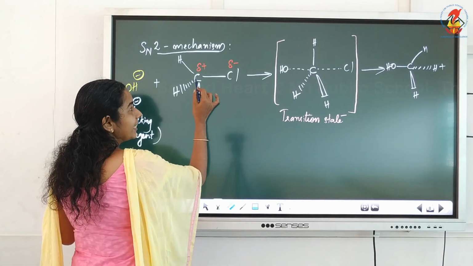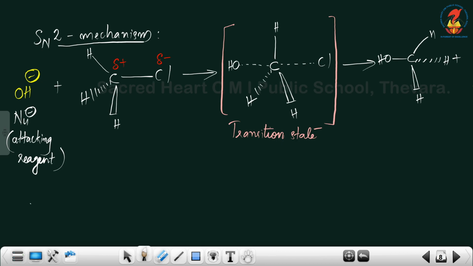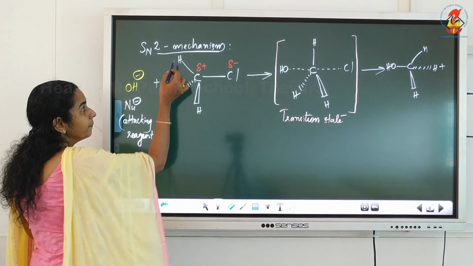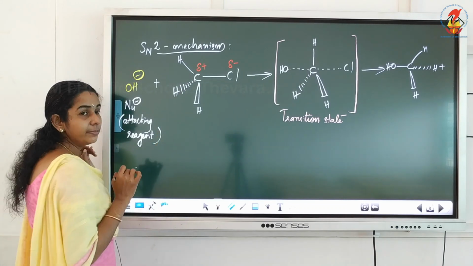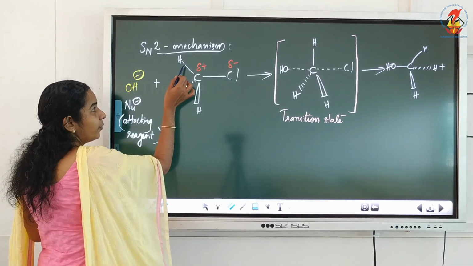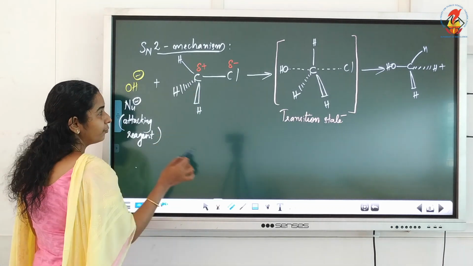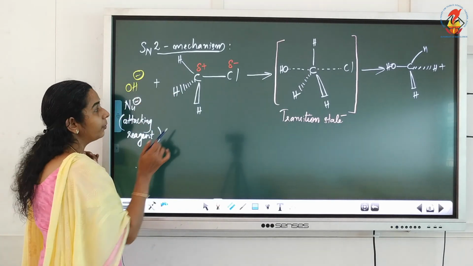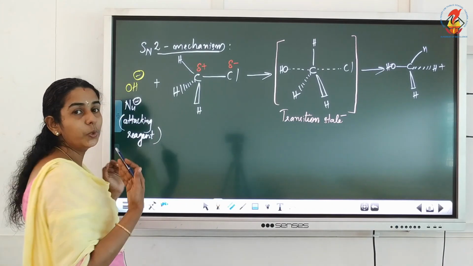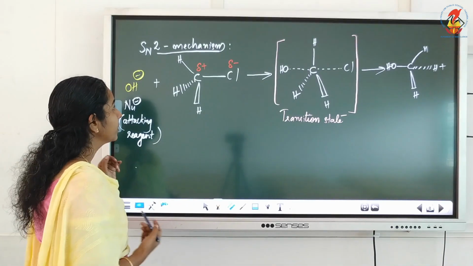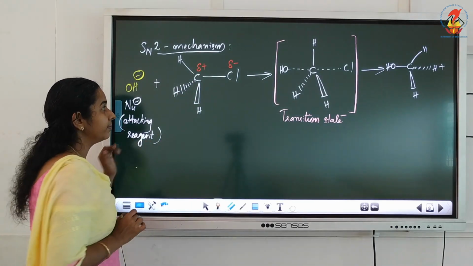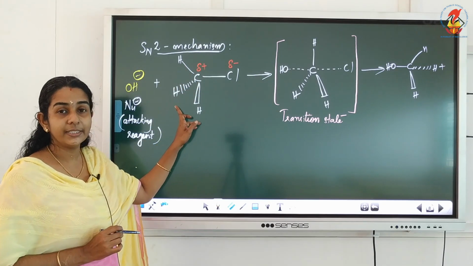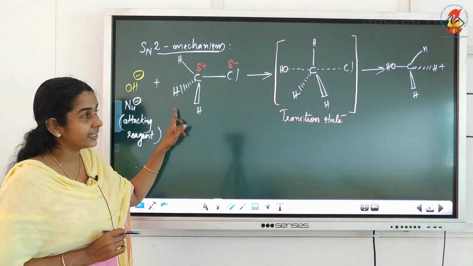So the C-Cl bond we have to project. Then the other groups on this carbon atom are 3 hydrogen atoms, and see how they are present. One is on the same plane as that of the board, one is away from the board, and one is towards the observer. So the 3 hydrogen atoms are present on 3 different planes.